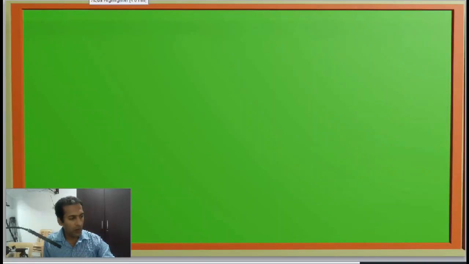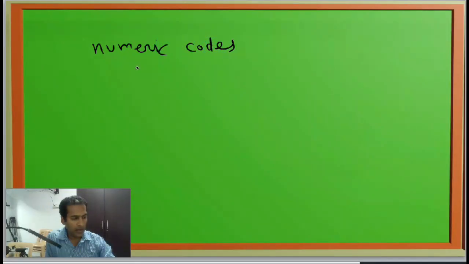So binary codes can be classified broadly as numeric codes and alphanumeric codes.